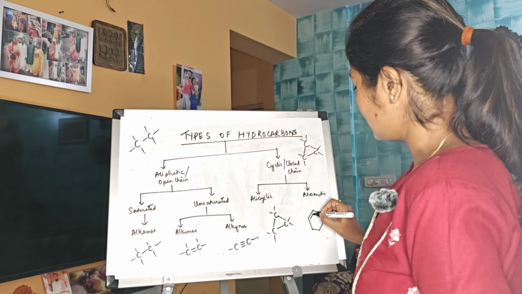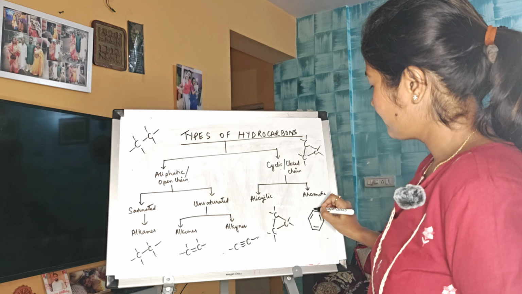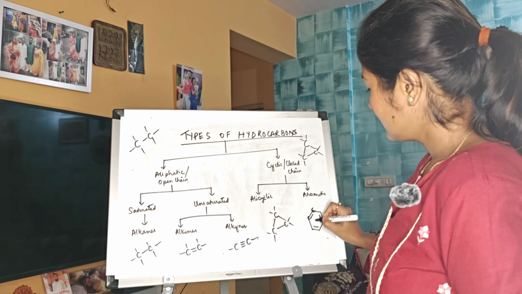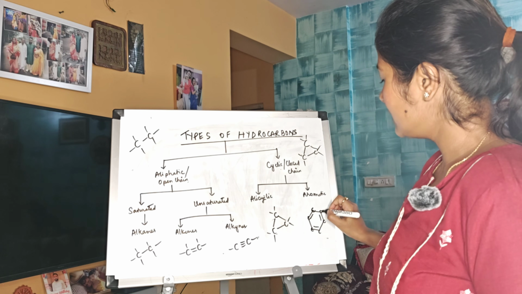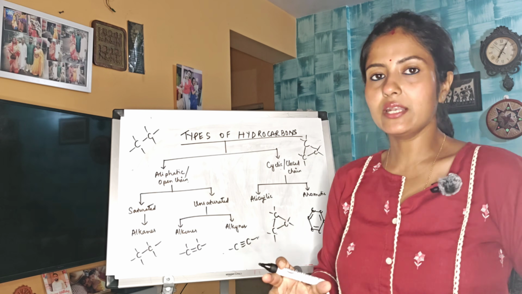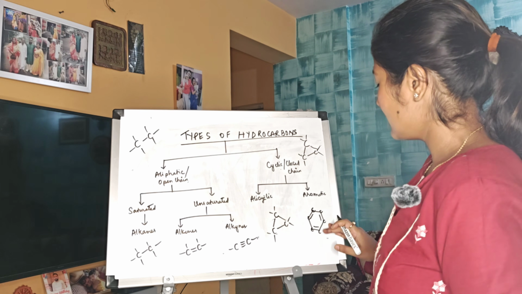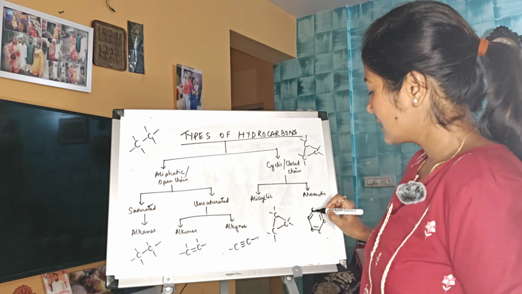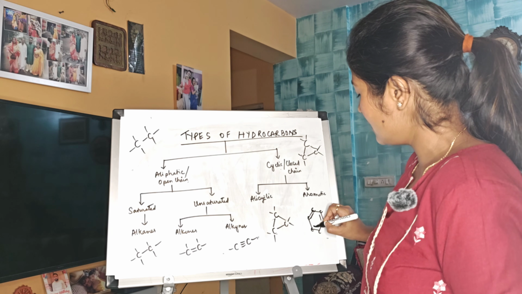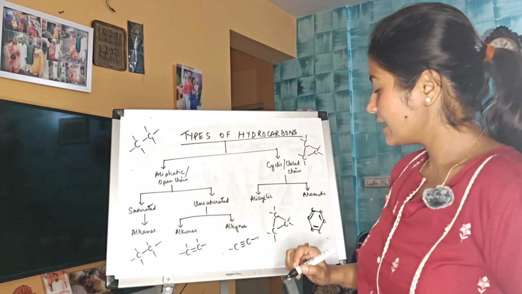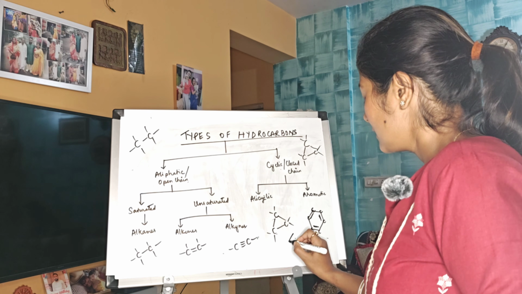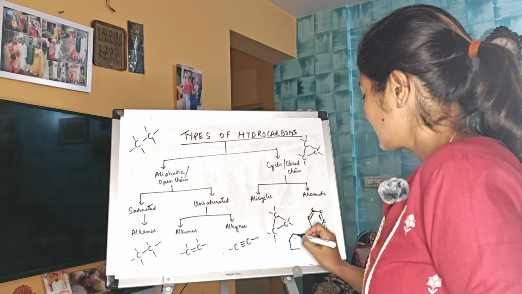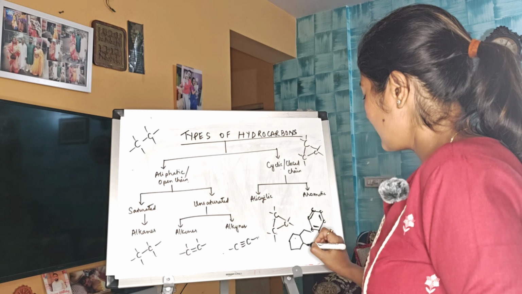For example, this is an aromatic compound. Here these are all carbon. Here the carbon atoms are linked to each other in a closed chain. It contains benzene as the essential molecule, and the bonds between the carbon atoms are arranged in alternate single and double bond fashion. For example, this is again an aromatic compound.